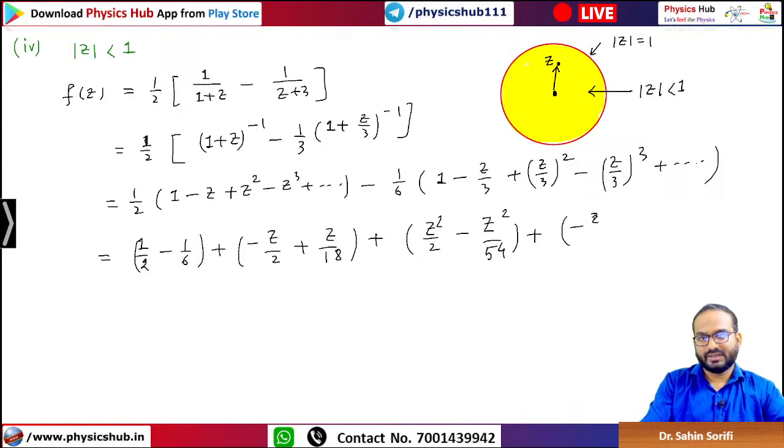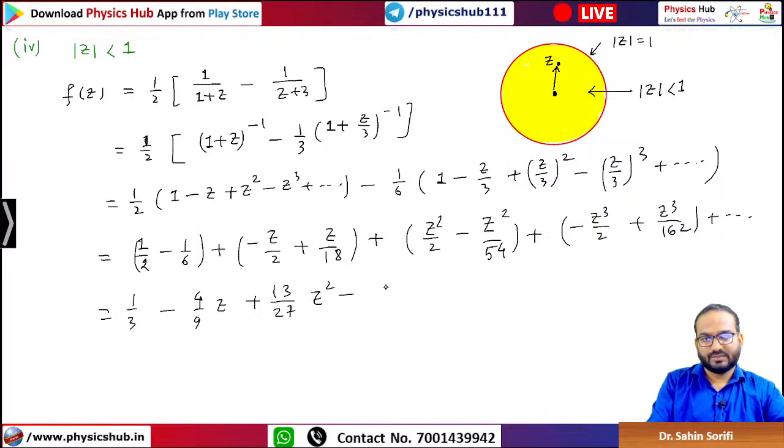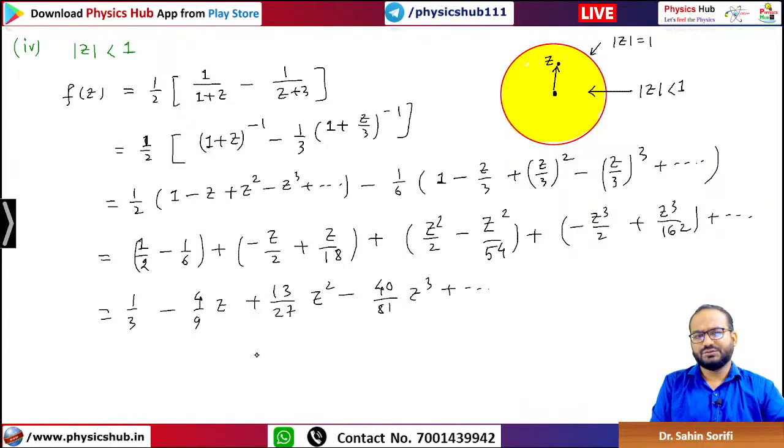Then z cube: minus z cube by 2, and here z cube by 162 and so on. Simplify a little bit more: 4 by 9 z plus 13 by 27 z square minus 40 by 81 z cube and so on. If you just do these 4 conditions separately, along with what we did in the last class, then any question from Laurent series you can tackle.